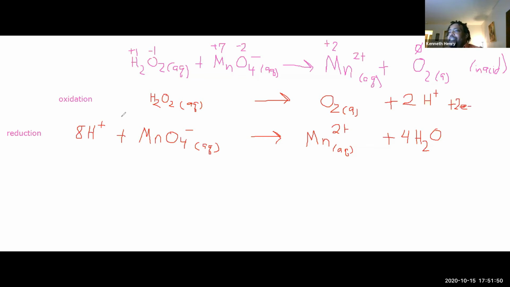So I have 8 pluses, and then I have 1 minus. What is the overall charge on this side? +7. So you have +7 on this side, and then what is the overall charge on this side? +2.